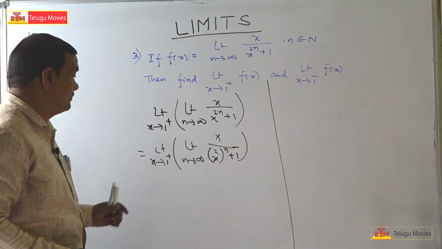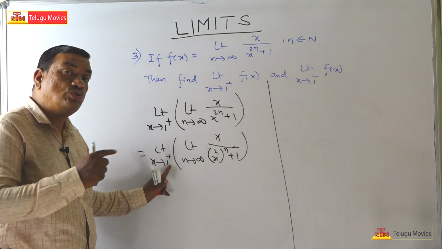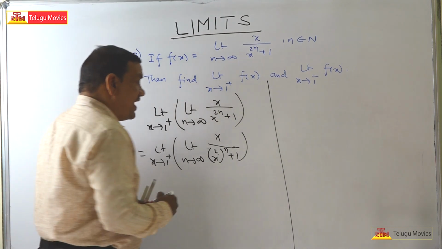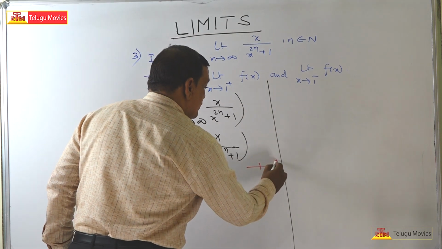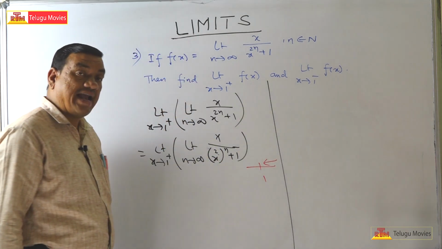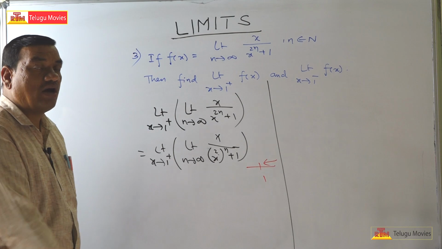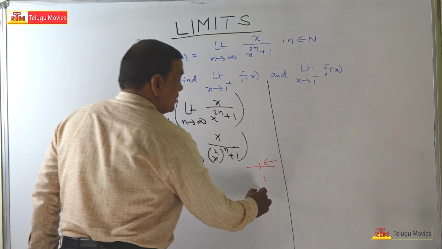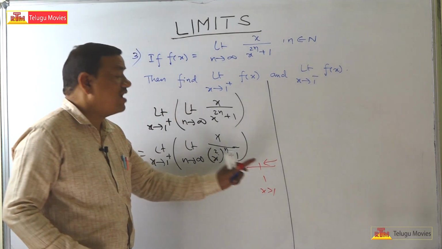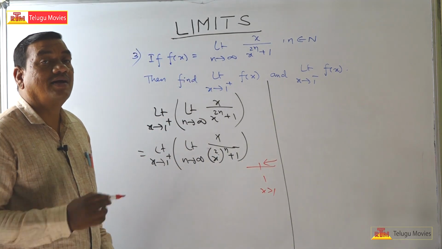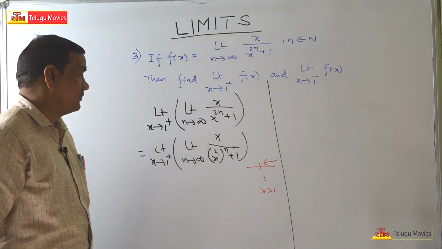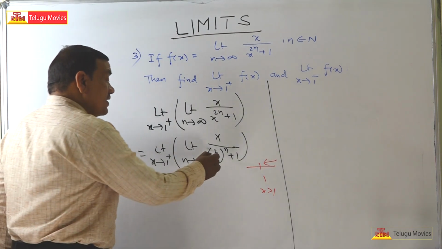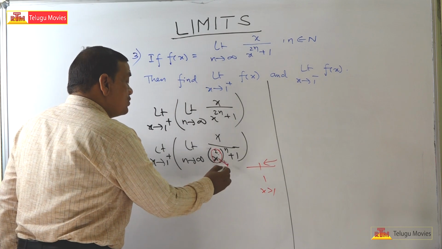Observe here, x tends to 1 plus, that means your x value here is 1, you are approaching from the right side of 1. That means x is greater than 1. All the values which are right side of 1 are greater than 1. That means when x is greater than 1, x square is also greater than 1.